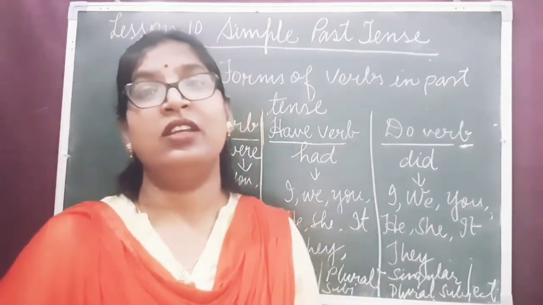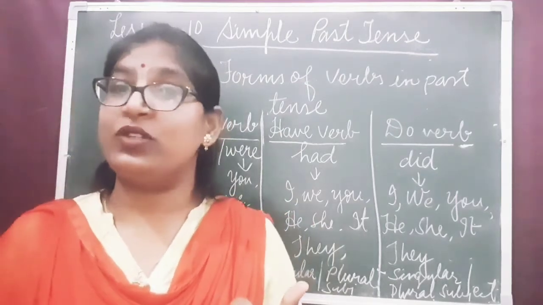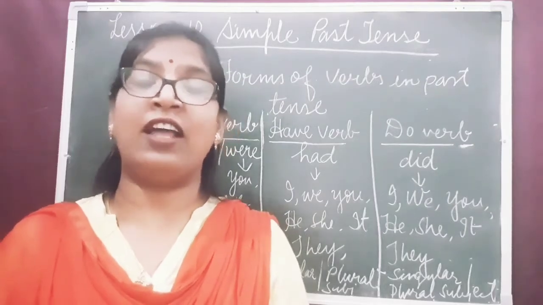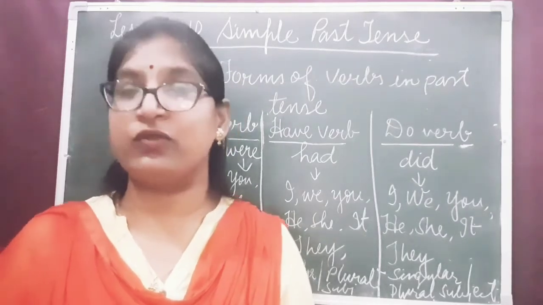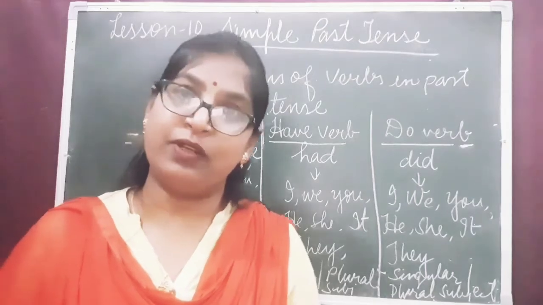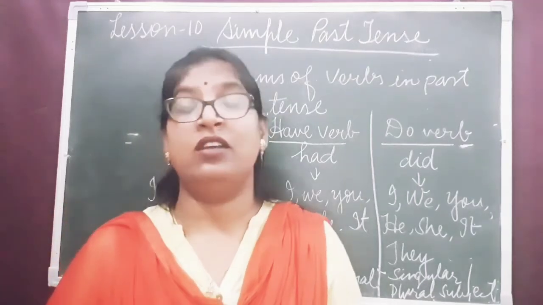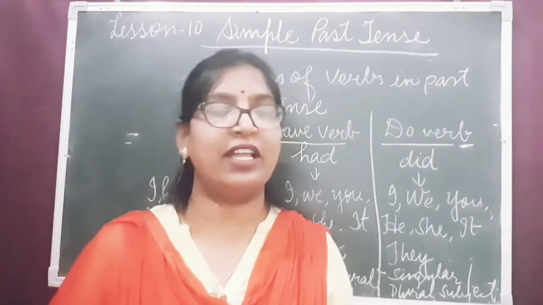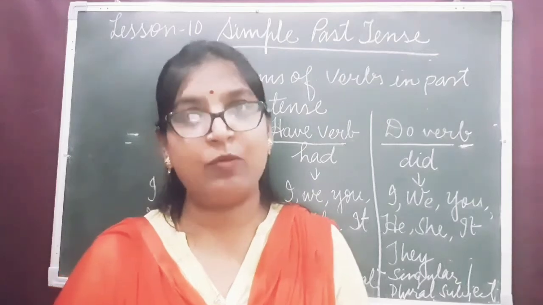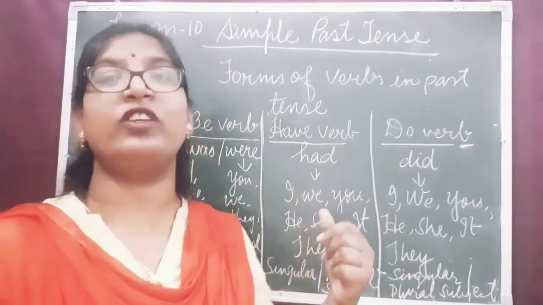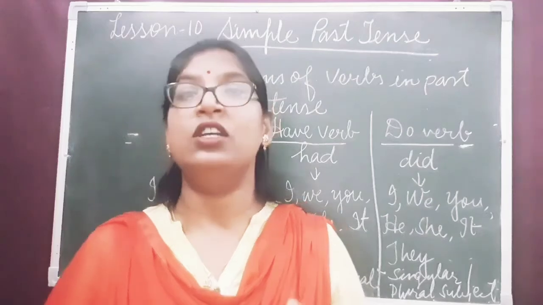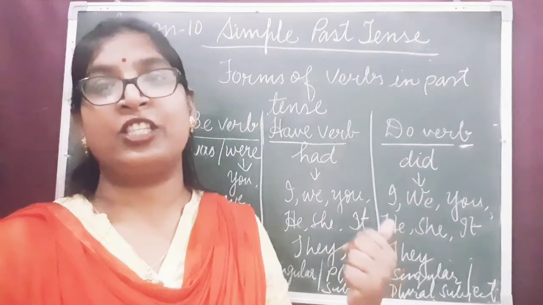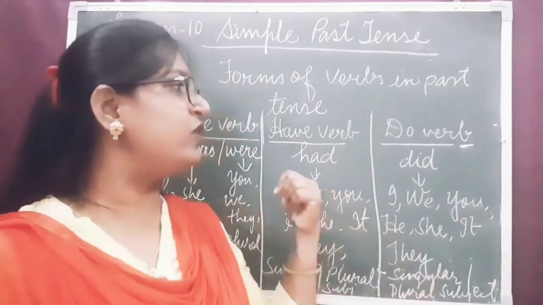And dear children, in simple present tense we studied that we use is, am, are, have, has, do, does. In simple present tense for action verbs we use either the base form or the S or ES form of the verb according to the subject. The same way, different forms of verbs we use in simple past tense also. When the verbs express the state of being or possession, we use these verbs.